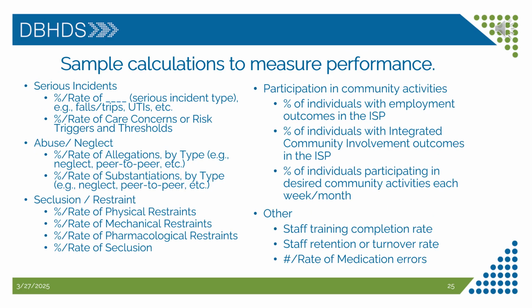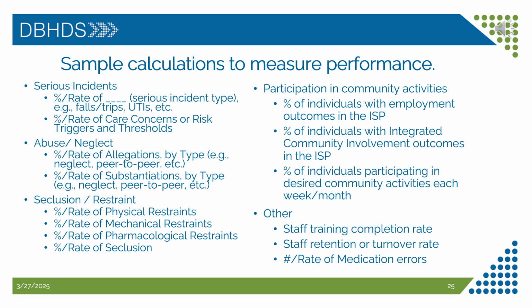Similarly, this is also kind of a cheat sheet of some sample calculations that you could use to measure performance for your program. For example, under serious incidents, you can measure the percent or rate of a certain type of serious incident that occurs in your facility. You could measure something related to abuse and neglect or seclusion and restraint.